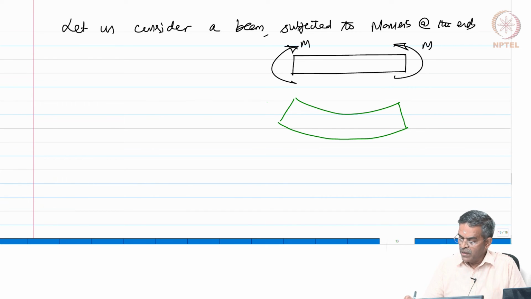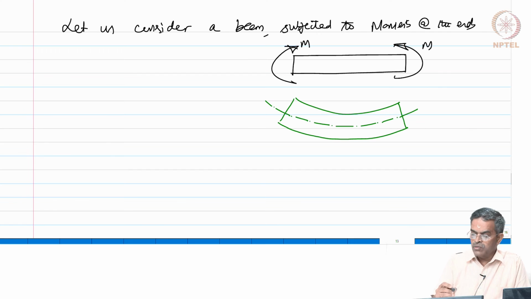There will be a neutral layer which will have neither tension nor compression. Above the neutral layer, things will be under compression.